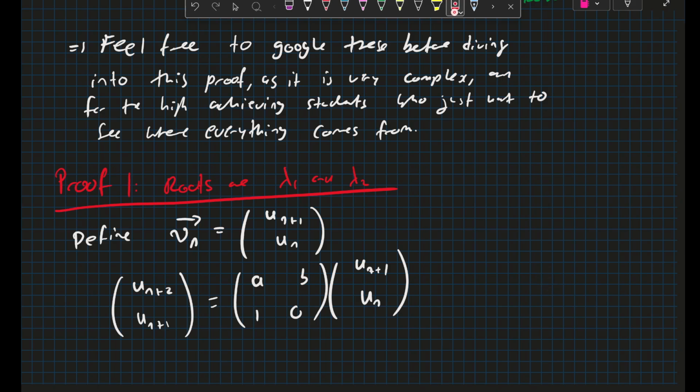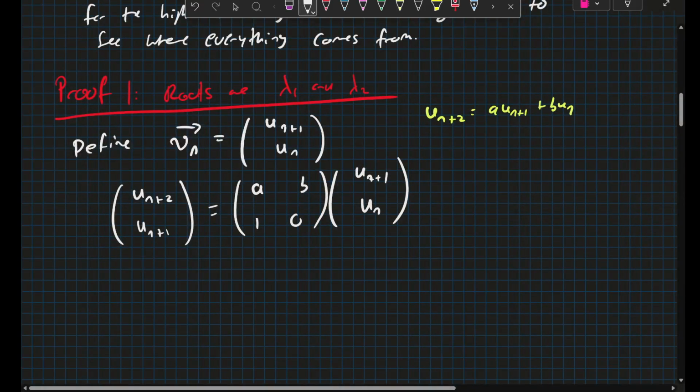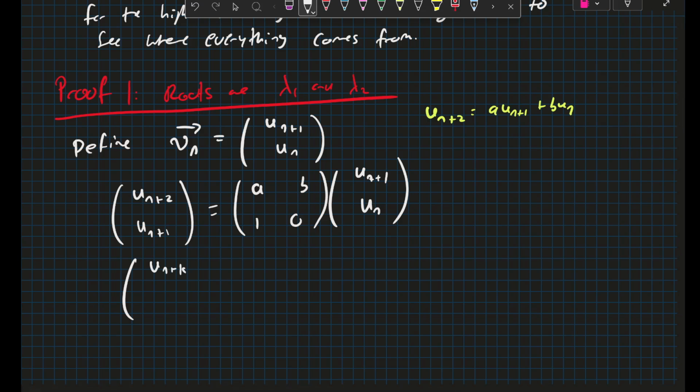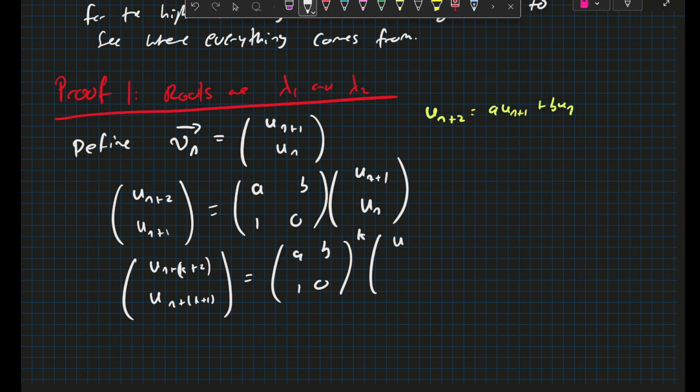So un plus 2 is a un plus 1 plus b un. And then by definition, un plus 1 is just un plus 1. Now, you can keep going like this, and what you'll end up finding is that the vector with k plus 2 and k plus 1 terms will end up giving you this matrix to the power of k times any previous terms.